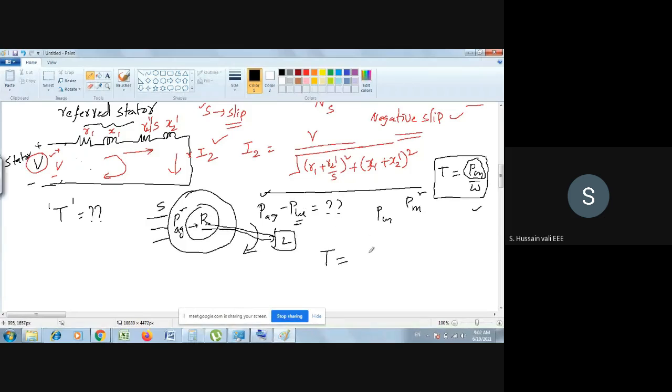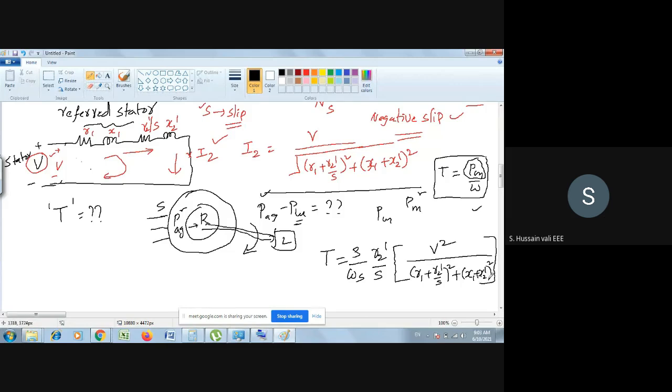So now it becomes 3 by omega s, r2 dash by s, into V square by (r1 plus r2 dash by s) whole square plus (x1 plus x2 dash) whole square.